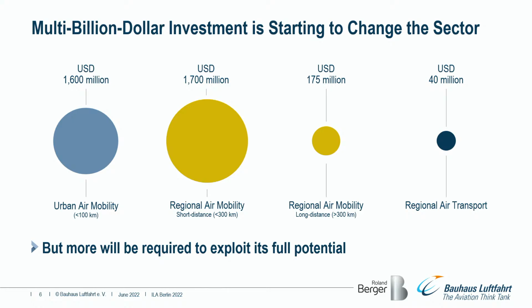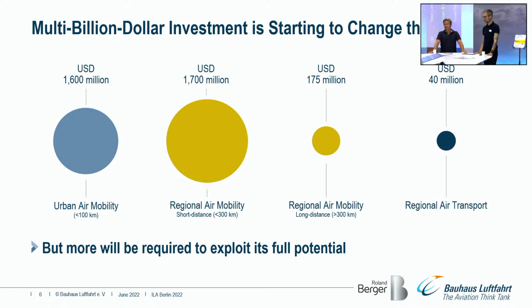The regional air mobility long distance use case with more than 300 kilometers, and then the regional air transport use case serving greater distances. What's very interesting to see here is that the urban air mobility use case as well as the regional air mobility short distance use case received most funding in the last 10 years.